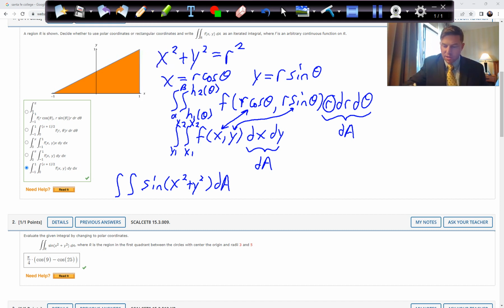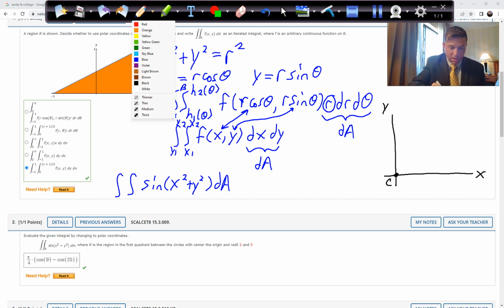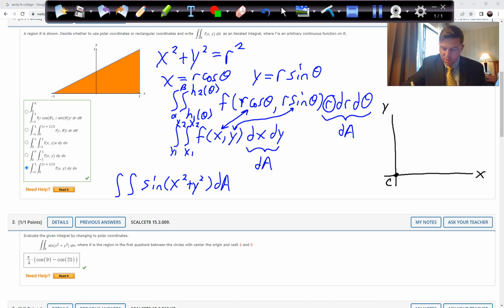So the region is in the first quadrant, and there's two circles centered at the origin, and one has radius 3 and one has radius 5. So we have a circle like this, and we have a circle like this. And the actual region is right here.